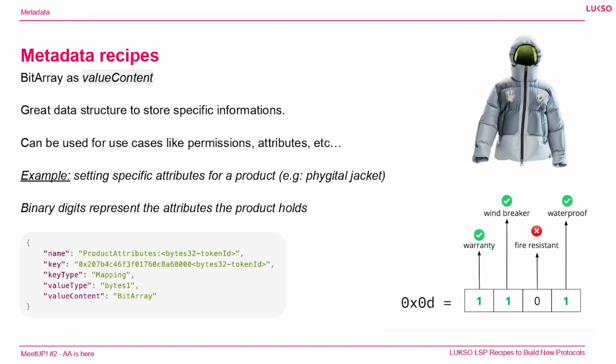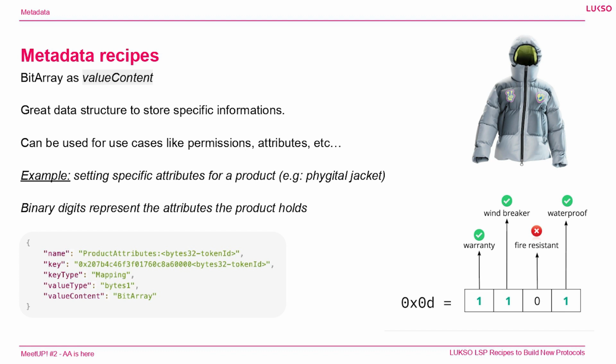Let's look at another one of a metadata recipe. One that I particularly like, which is a bit array, which is a very efficient way to store attributes, for instance, for an item. So it's always easier to think of it from the use case perspective and then work backwards. Here, let's imagine we have a jacket which is digital, and we want to specify the attributes of this jacket.